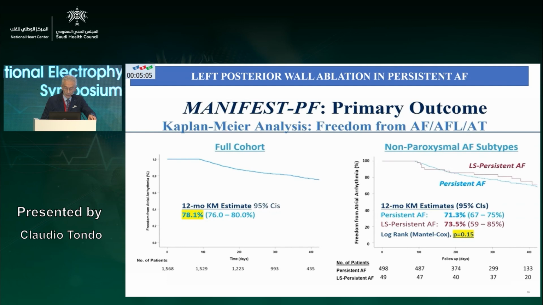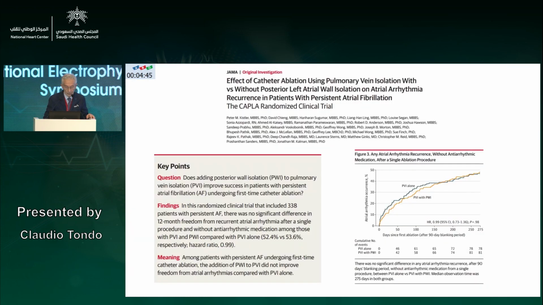Looking at the outcome, even non-paroxysmal AF subtypes, persistent or long-lasting persistent AF patients, can really benefit when you use PFA on the posterior wall.